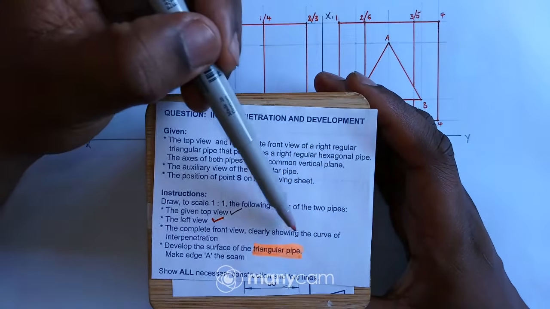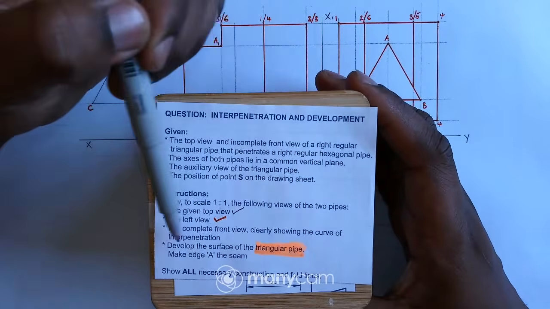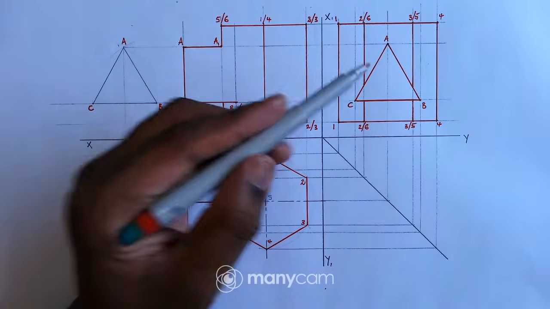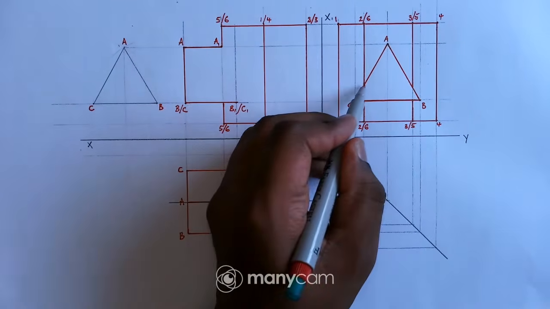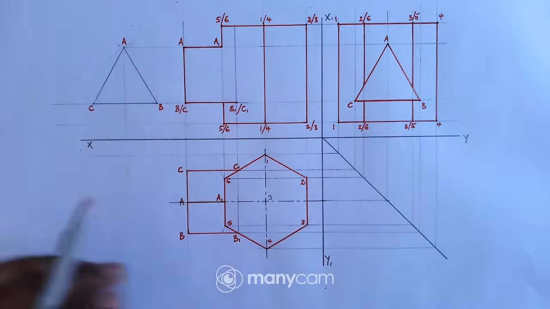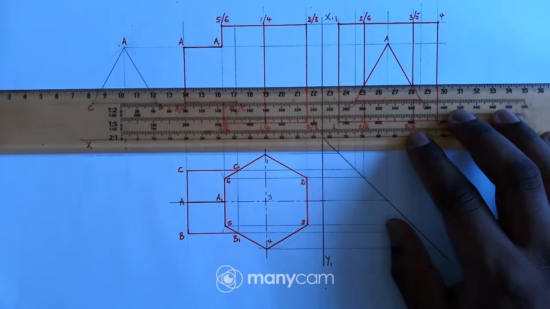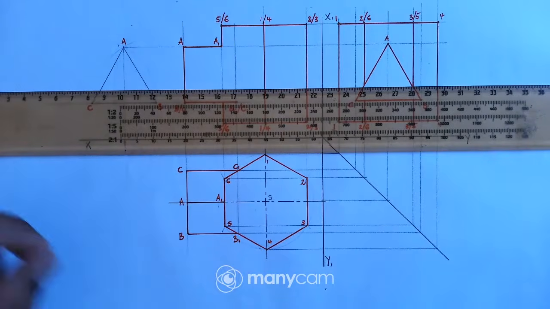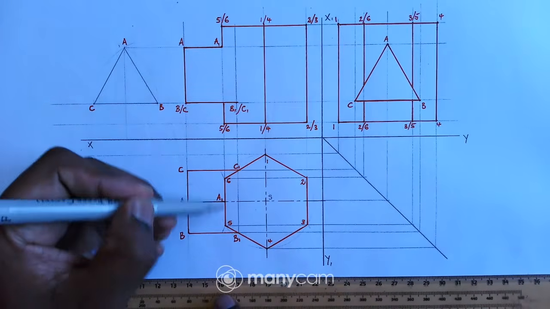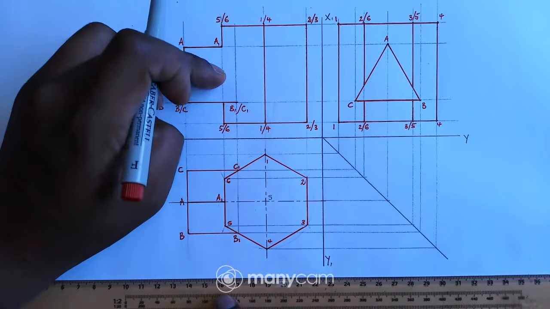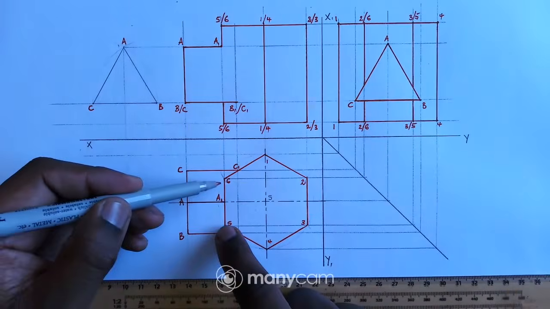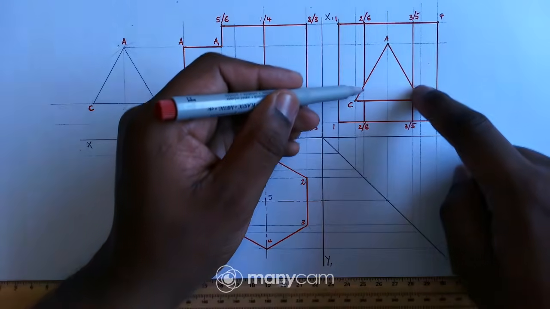Remember, I'm not done with the curve of interpenetration. So I'll have to project these points because I was looking for these points, right? So I have to project these points to our front view there. I couldn't project these points to our front view, so I had to draw the left view so that I can just get those points because obviously they are there.